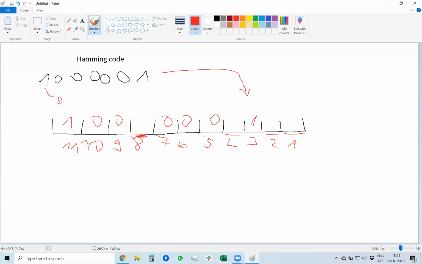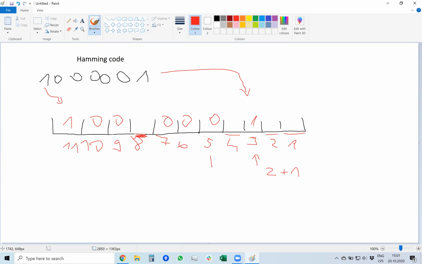And the idea is that the parity bits are calculated for those locations which contain the certain parity bit when expanded as a sum of powers of 2. So for example, 3. 3 is 2 plus 1.